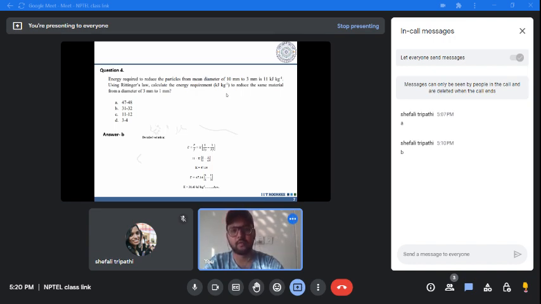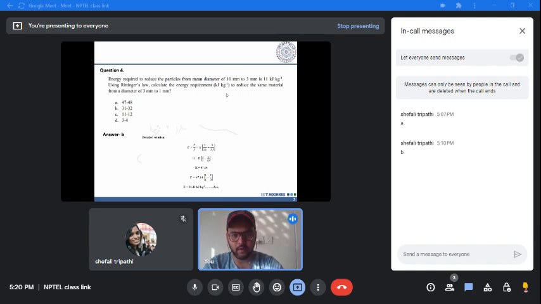So here, 1 upon 1 minus 1 upon 3, that is the feed. If you solve this equation, you will get the energy requirement for this treatment as 31.43 kilojoule per kg. I hope you got the solution.